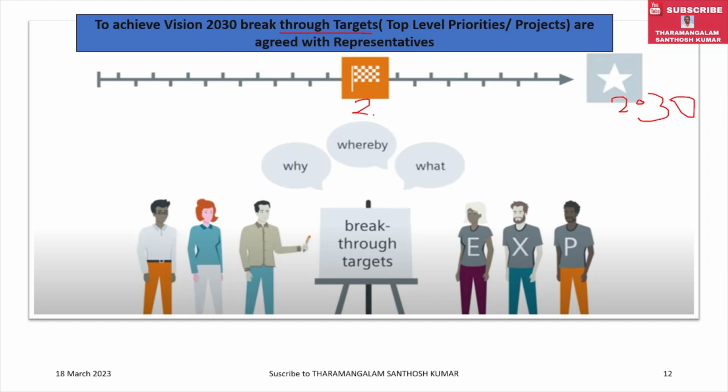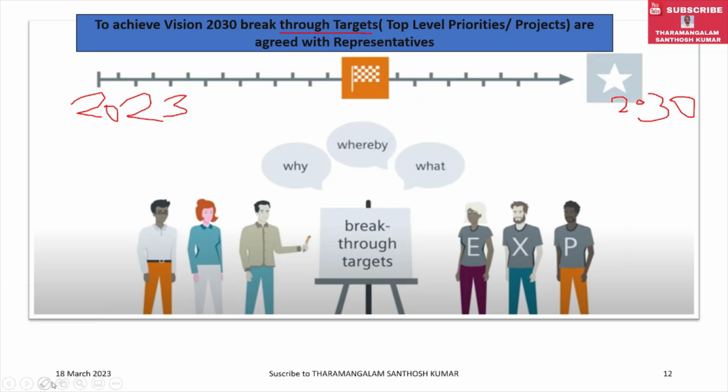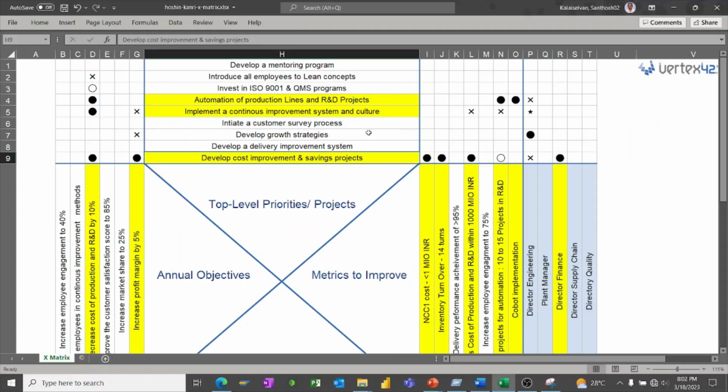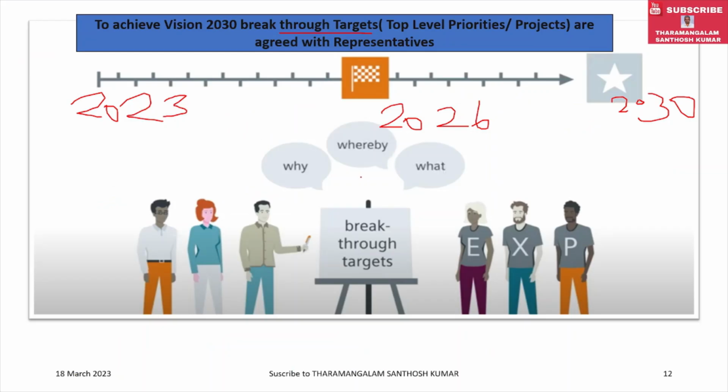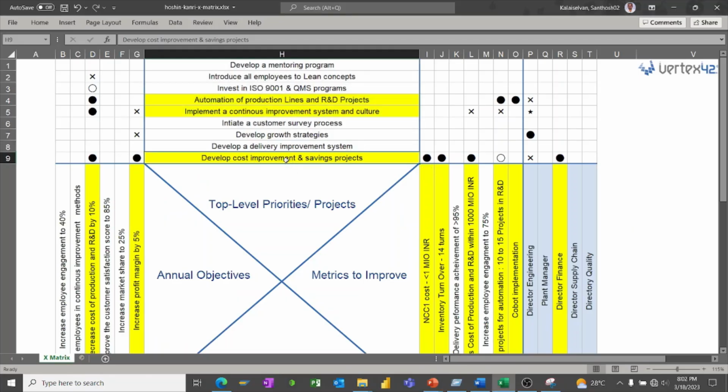And intermediary, we are in 2023; by 2026 we shall have a review of the stages of all these projects. Now Martina, the director of finance, will start working with the respective team members on this cost improvement and savings projects.